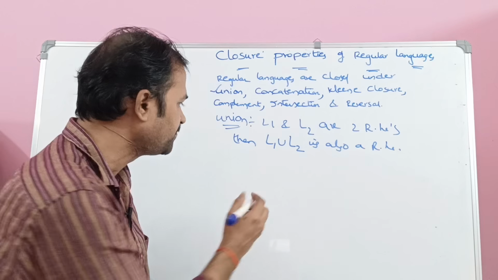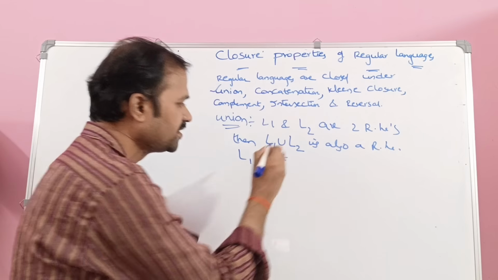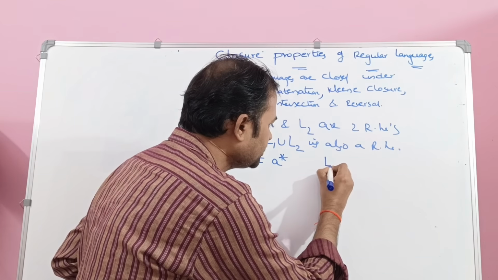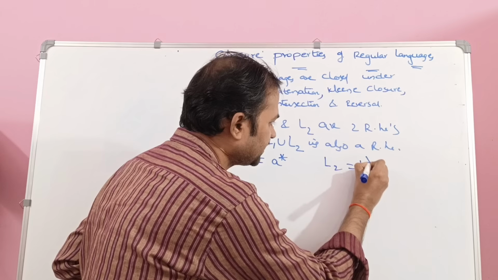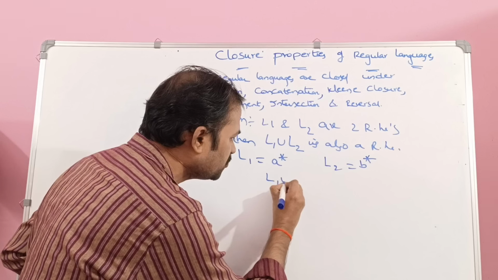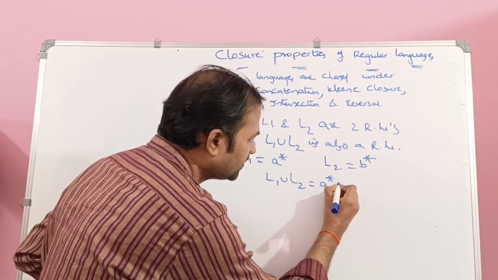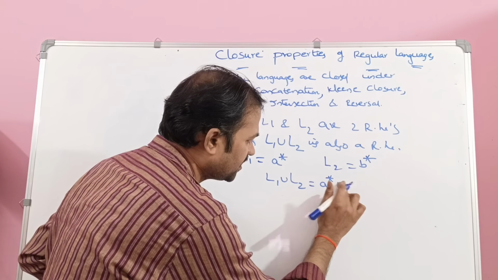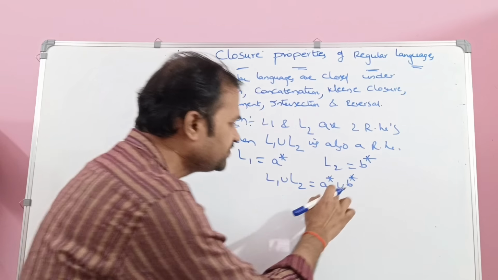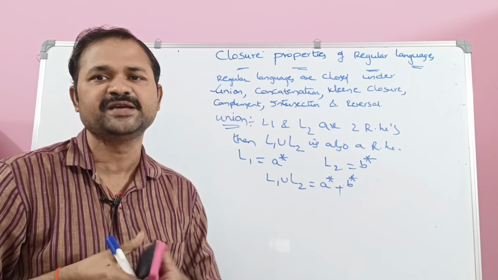Let us take an example. Let L1 be equal to a star, any number of a's. Let L2 be equal to b star, any number of b's. Then L1 union L2 is equal to a star union b star, or in place of union we can write plus also: a star plus b star.